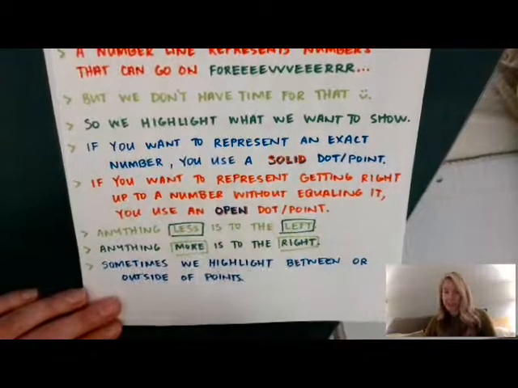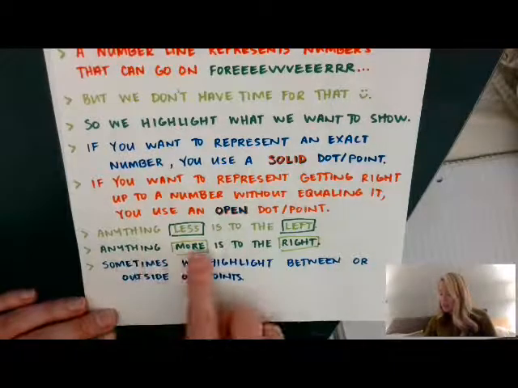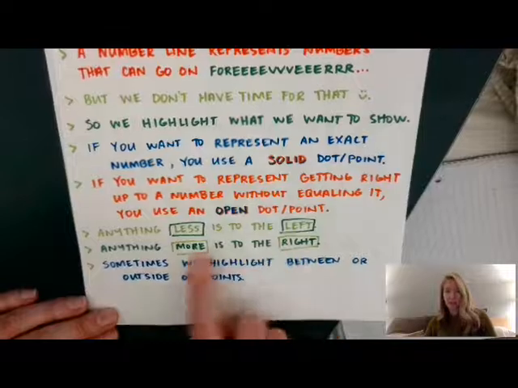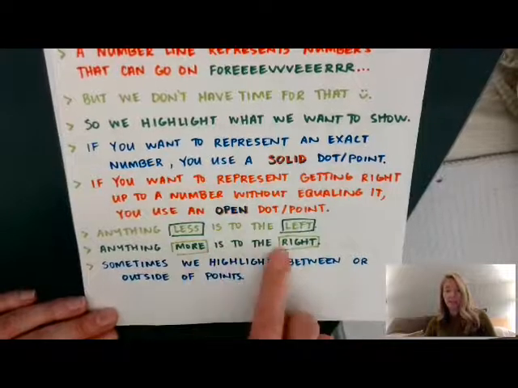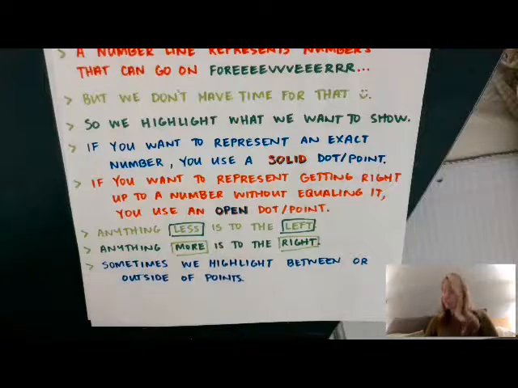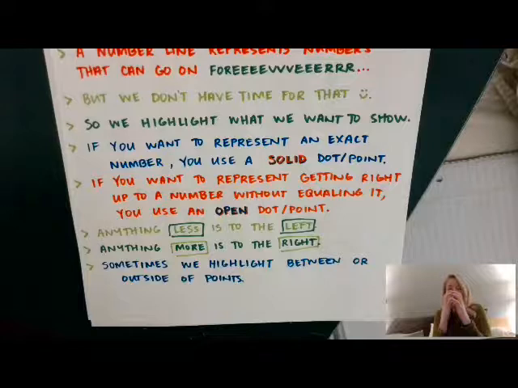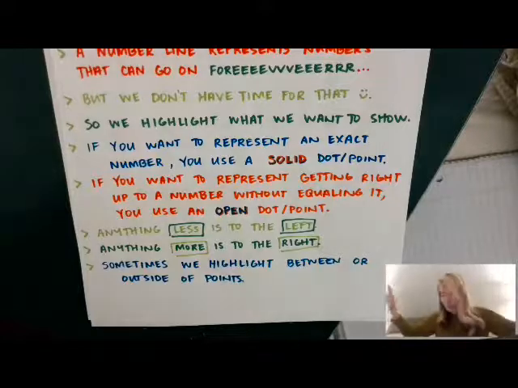Sometimes you need to check that because it's not always true, depending on how you set up your number line. Anything more is going to be to the right. Okay, so less to the left, more to the right. Sometimes we highlight between or outside of points too, because we can represent amounts of numbers that are between two numbers or outside of those two numbers on a number line. So let's look at some examples.